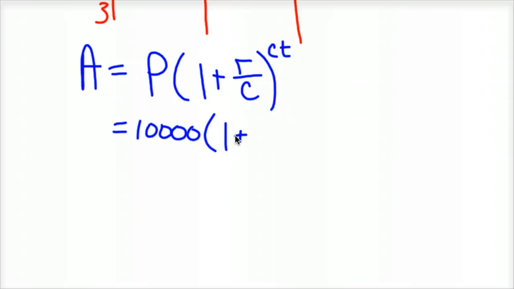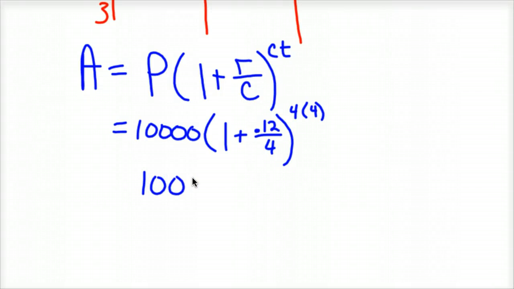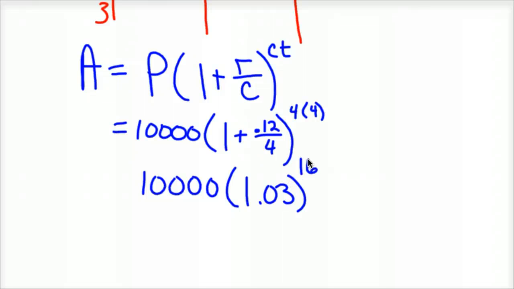Plus, your rate of growth is 12%, so 0.12. Your compounds are 4. Remember, we did that up in the table. And then you'd also have 4 times the 4 years that Grandma has to let you keep that money in the bank. And so you've got 10,000 times 1.03, because 0.12 divided by 4 plus 1 is 1.03, to the 16th power.